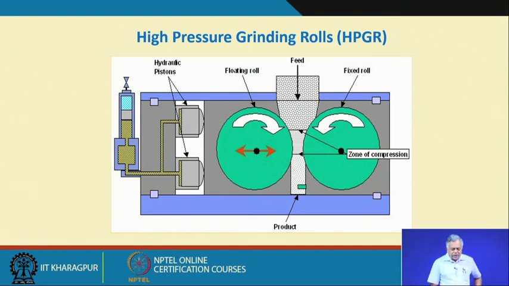So, what is this high pressure grinding roll doing? It is similar to a roll crusher, but what is happening here is that this is a fixed roll and you have a floating roll, and you have a hydraulic system through which a hydraulically driven piston forces the material which has been fed here to get compressed.